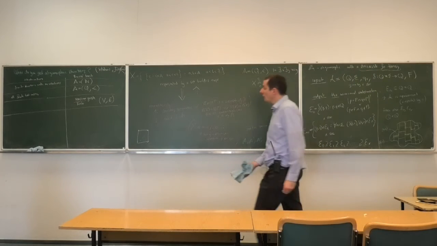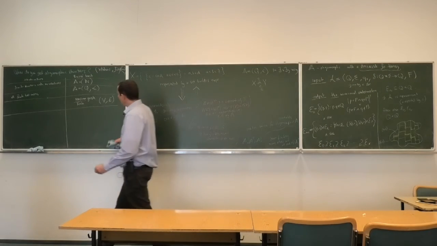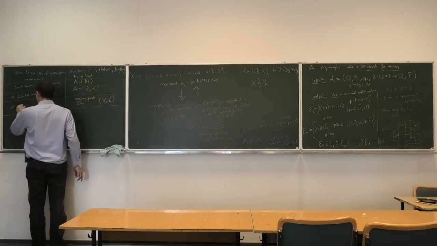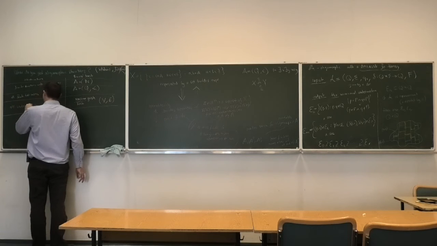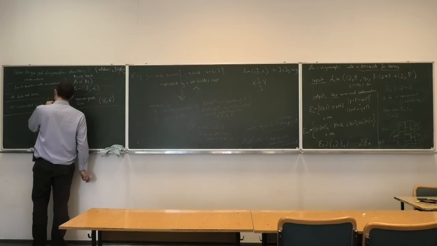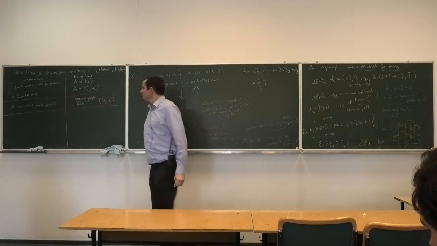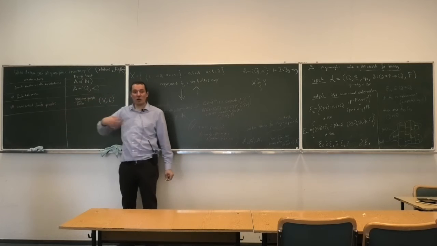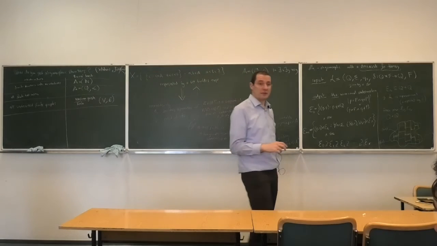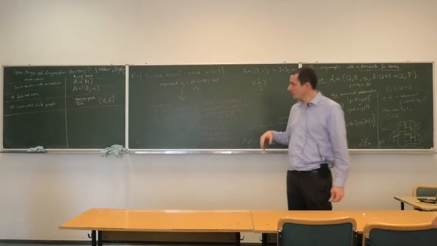So you get all finite undirected graphs. So the class of all finite undirected graphs has a Fraïssé limit. It's called the Rado graph, the random graph.